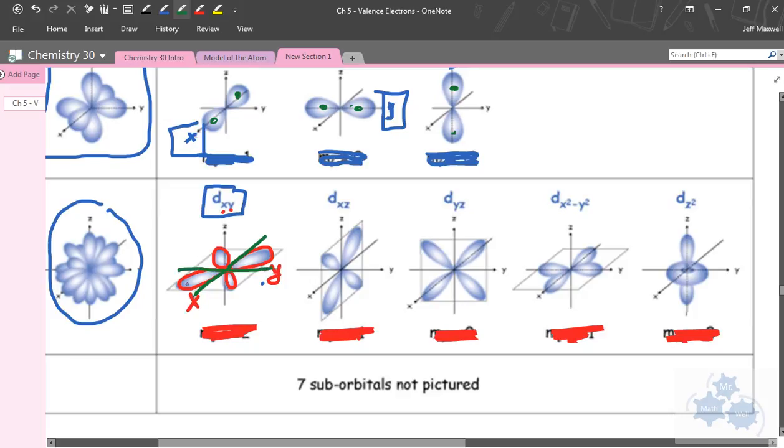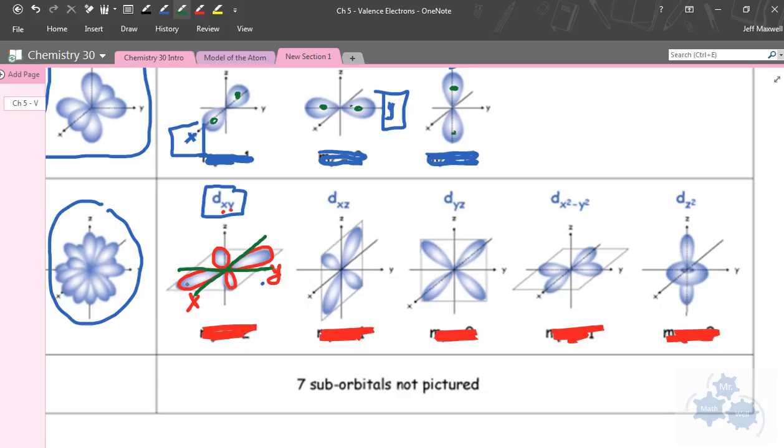Okay? So the dxy orbital is a 4-lobed orbital, and the lobes are centered at the origin of the axes when we're drawing them. That would be about the nucleus. And the lobes extend in between the x and y axis. Okay?